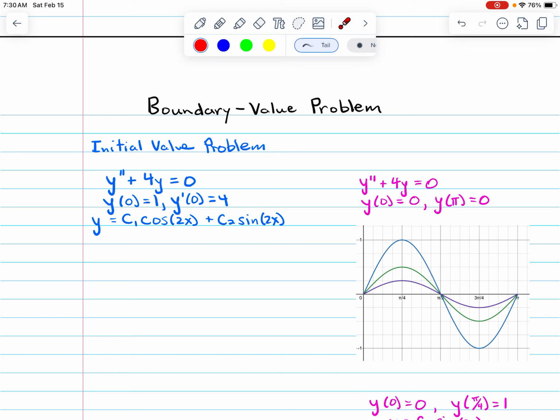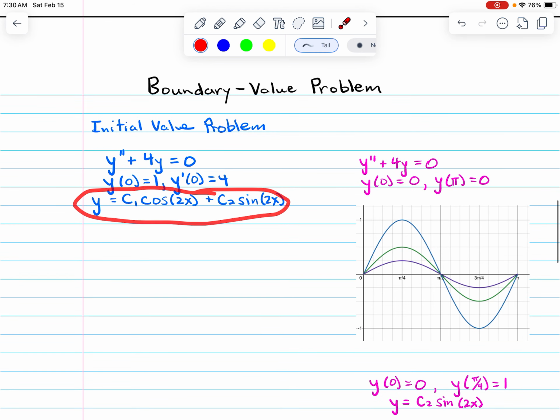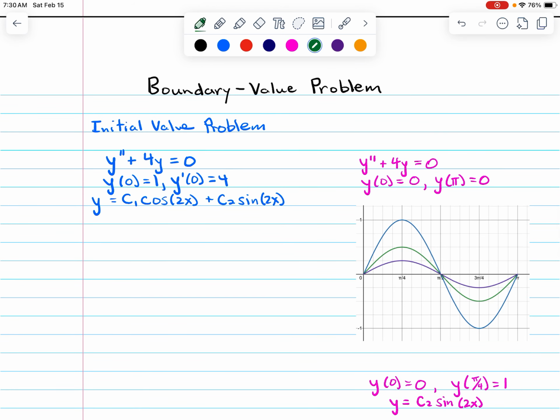Now I haven't found the coefficients yet, but this is a solution. Now let me go through here and work this out and show you what I'm talking about. Actually, I'm not going to verify this is a solution. Let's take that as a given, for time's sake. But I do want to find these coefficients.